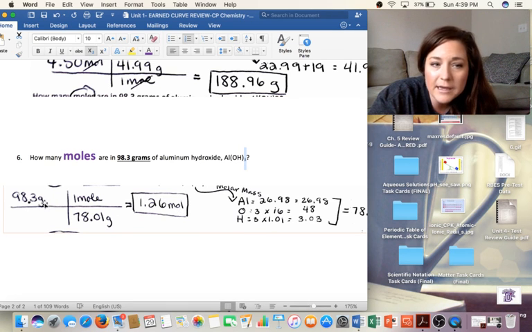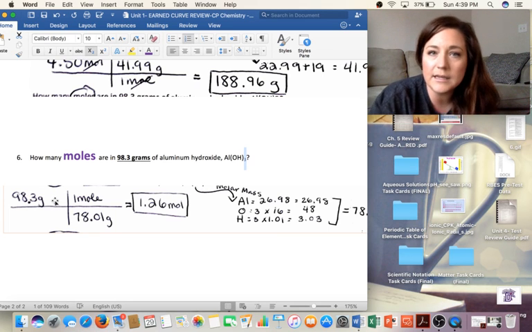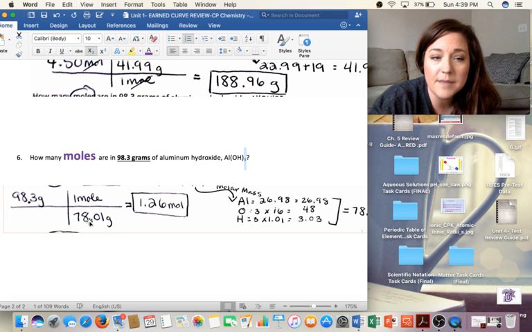Because my gram unit is right here on top with my given, that means my opposite side has to have a gram. So the 78.01 is the grams to every 1 mole. So 98.3 divided by 78.01 gives me 1.26 moles.